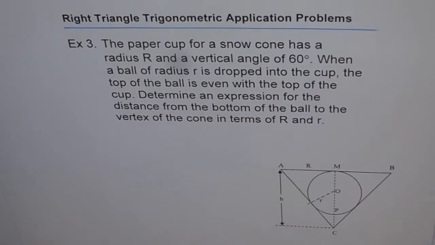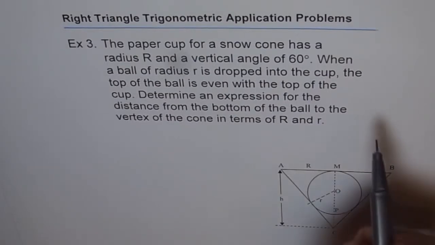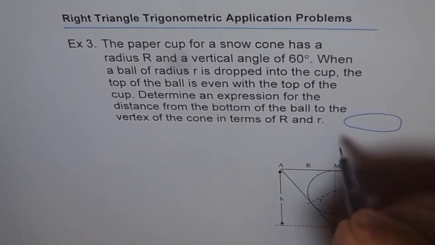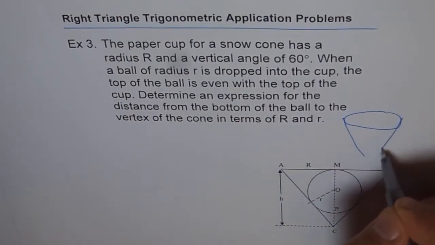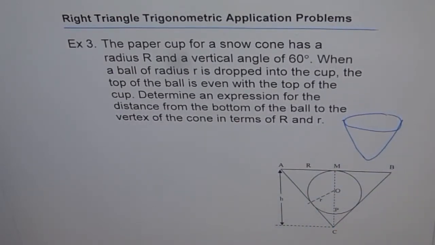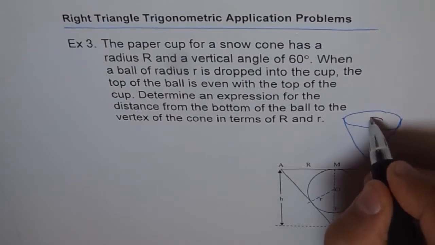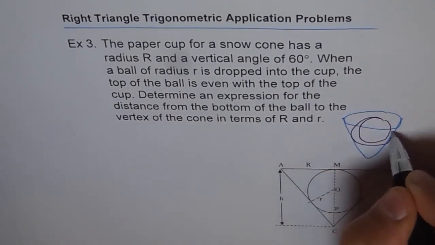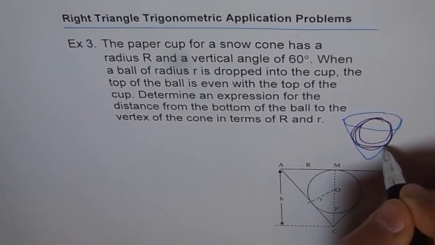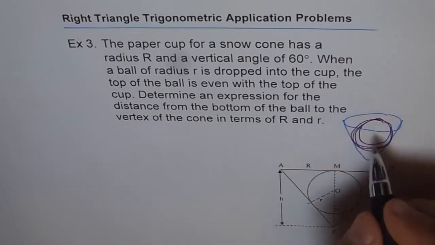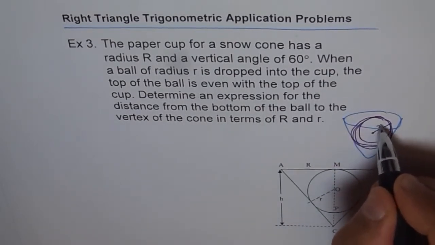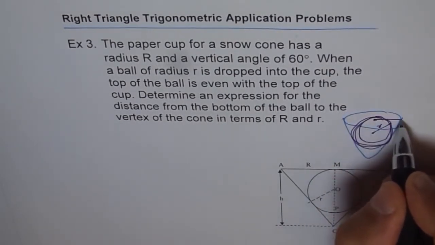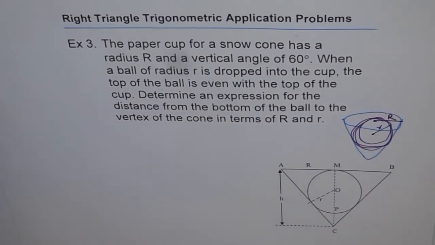So think like this: we have a cone, and in that, a bigger ball is dropped, so it touches like this, correct? Now, the radius of this ball is small r, and the radius of this big cone is capital R. That is how you have to see the problem, okay?